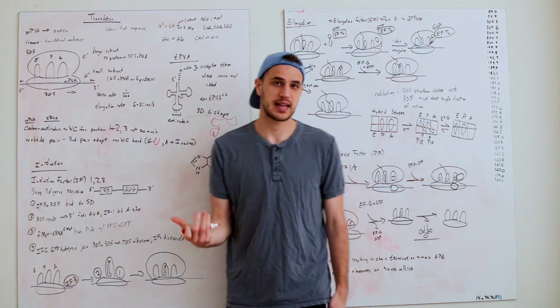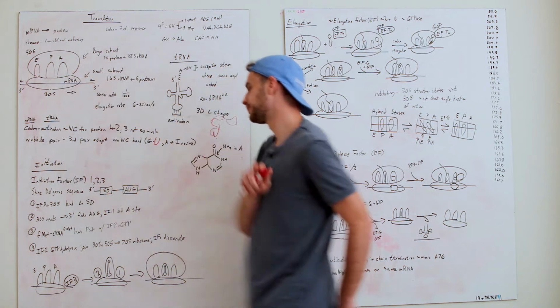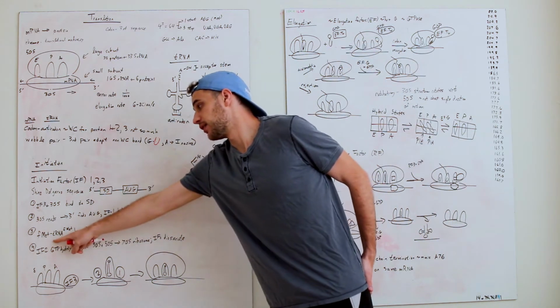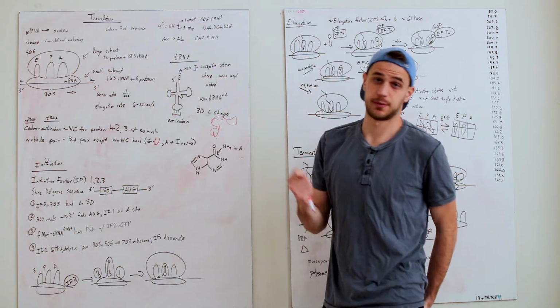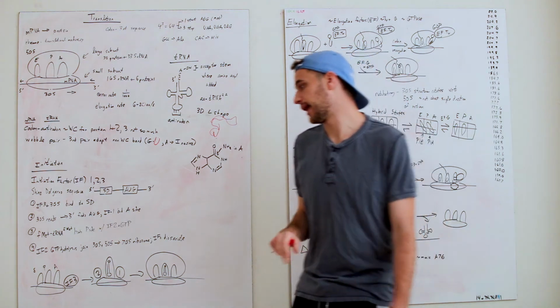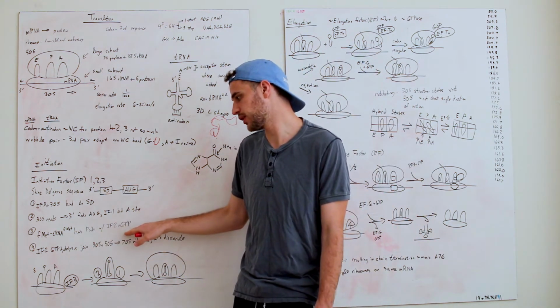Then, once it finds that, IF1 comes in and binds to the A site. And then we have F-methionine, tRNA F-methionine binds to the P site because that is the codon for the start. And then IF2 and GTP come on in and join.